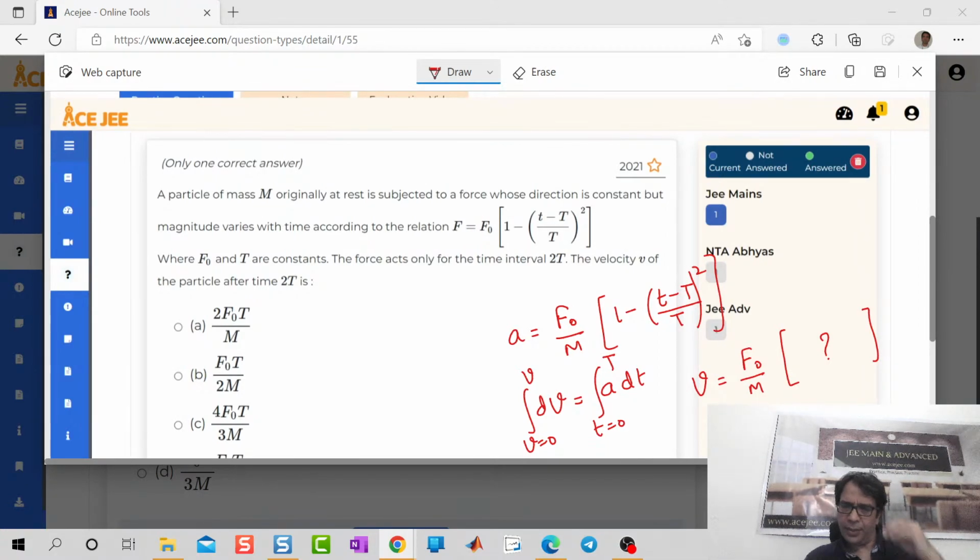Chavi, beta, I'm going to attempt it along with you. So let's see what it comes out to be.